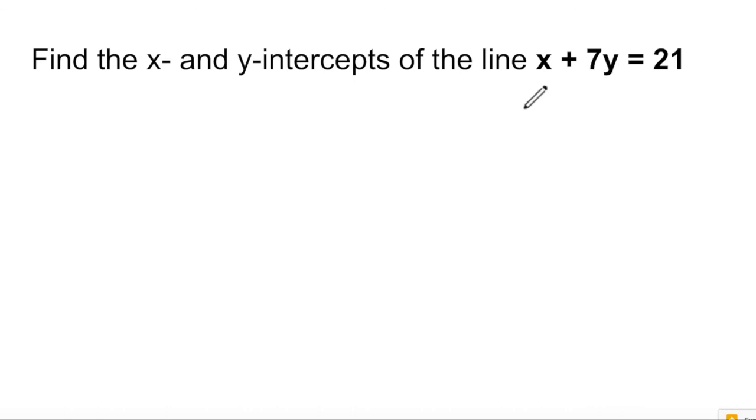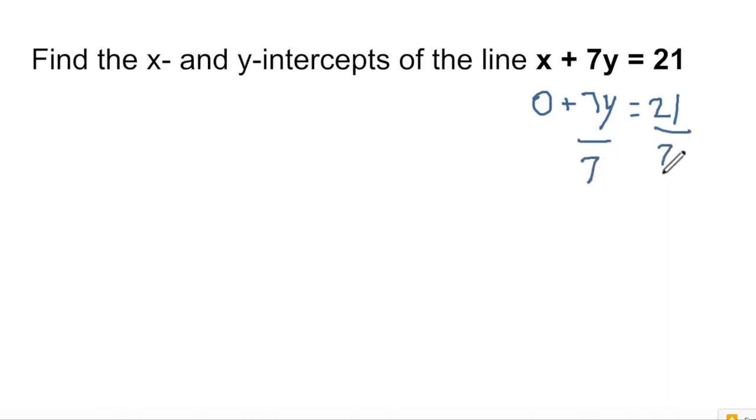Let's plug in a 0 for x. When we plug in a 0 for x, we get 0 plus 7y equals 21. The 0 just goes away. We get 7y equals 21. We're going to divide both sides by 7.